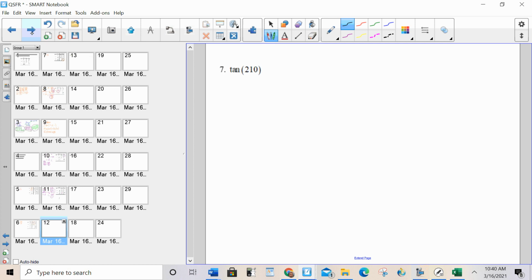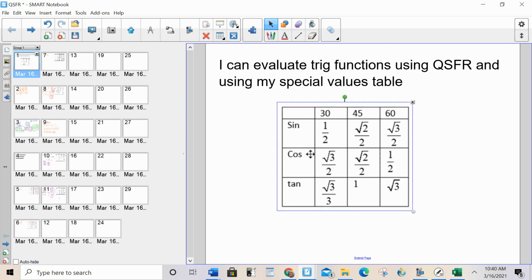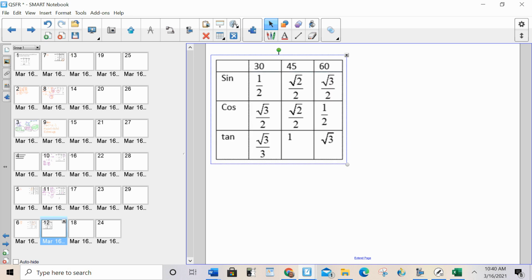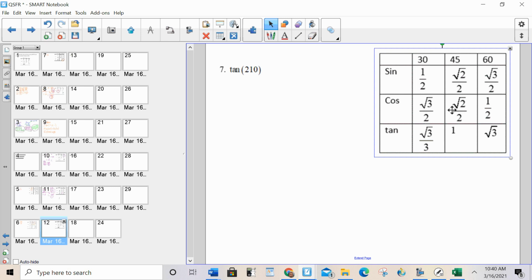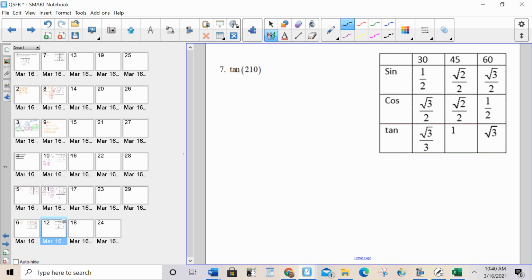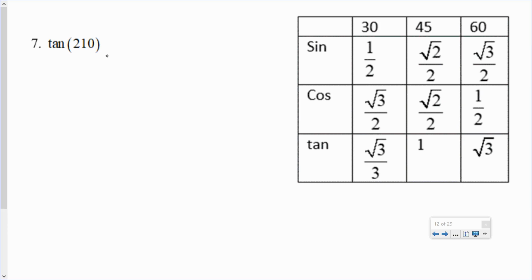Tangent of 210. So, let me just grab this again. I'm going to let you start this on your own. I want you to sketch the angle on the grid, find the reference angle.